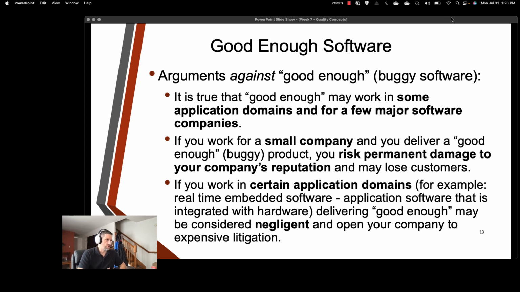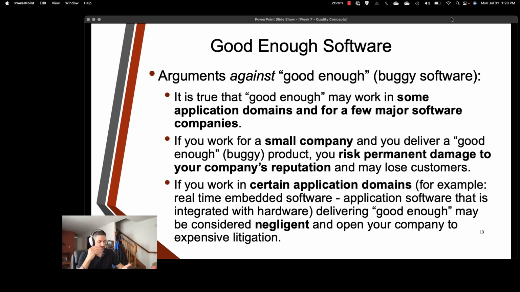Okay, so there are arguments out there about whether software should be good enough. I think in your book, The Pragmatic Programmer, it talks about the concept of good enough software. Your book also goes into some arguments against good enough software. It's true that in some situations, good enough software is fine.